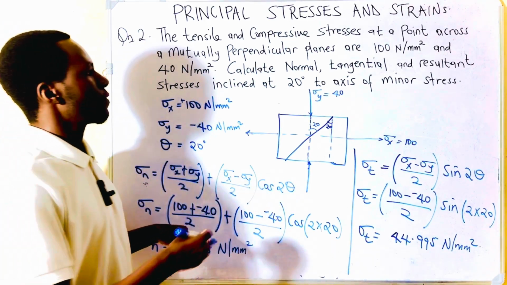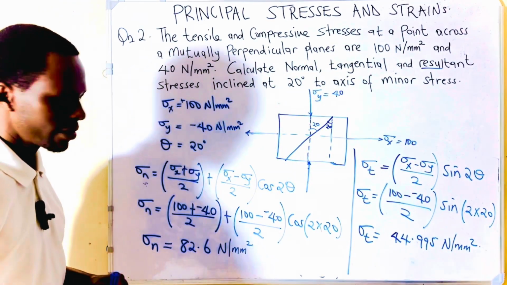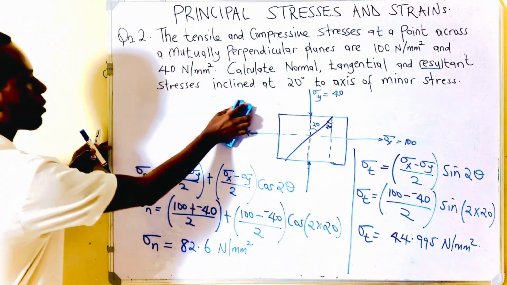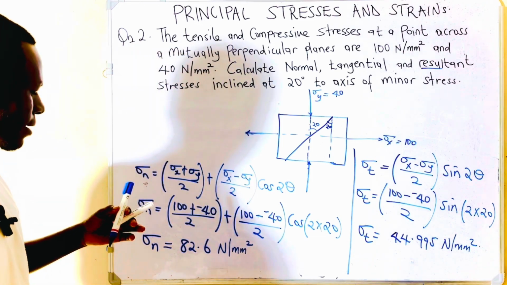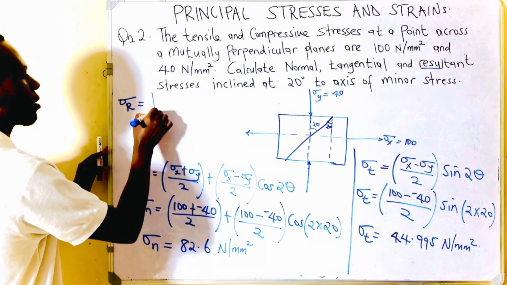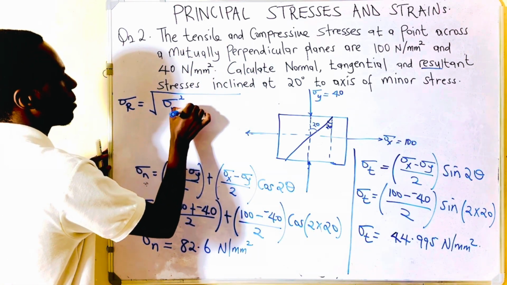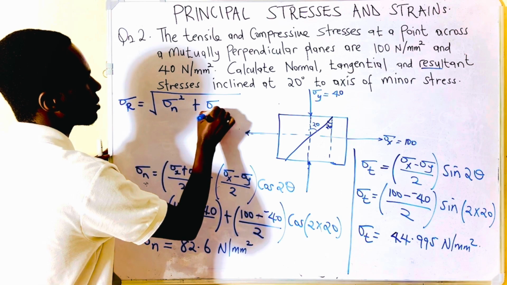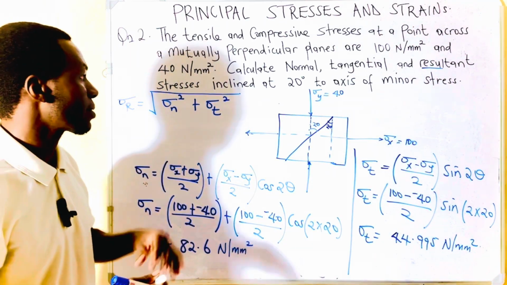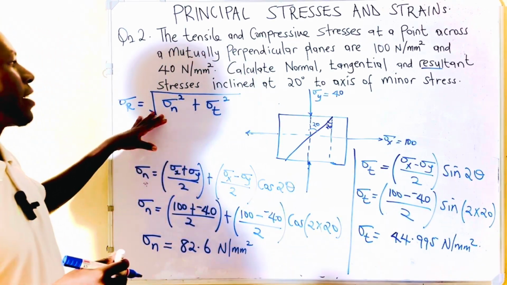Now what we are left with is the last part of the question, which is asking for the resultant. I'll erase this part and use it to find the resultant. Sigma resultant is going to be the root of sigma n squared plus sigma t squared. This expression I didn't give you in the first introduction, so take note. When you are asked to find the resultant, you take this formula.